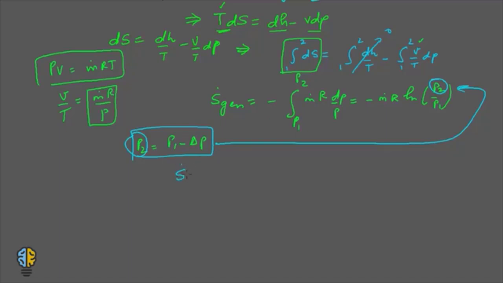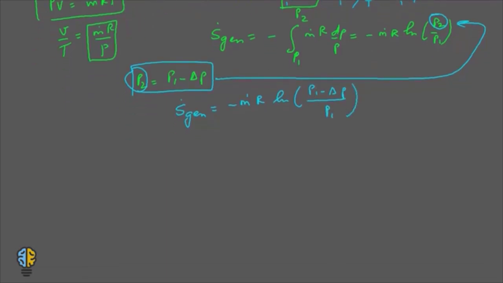So we would get S dot gen is equal to minus m dot R into natural log of P1 minus delta P upon P1. So this can be further written as minus m dot R natural log of 1 minus delta P upon P1. Now if you recall the expansion of log of 1 minus x, and expand it up till the first term only, you will get minus x.